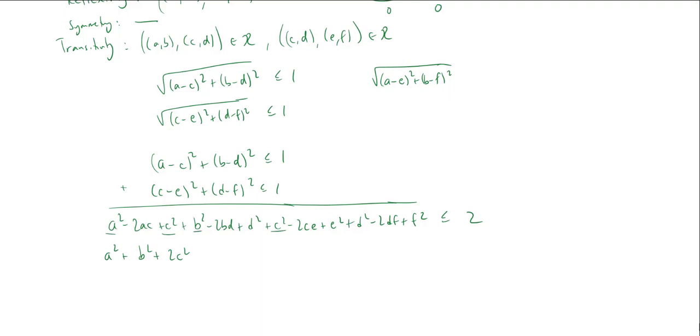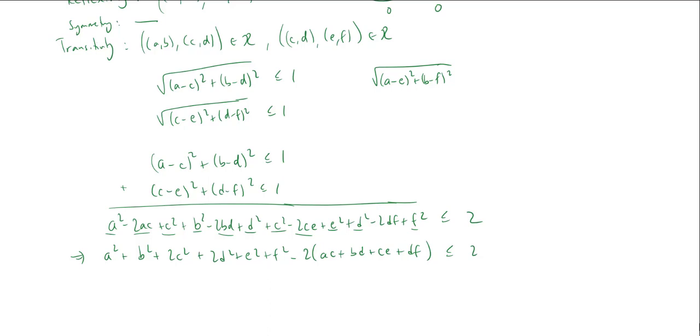So I have 2c², there's our b², we have 2d², fine. There's an e², and we just get the 1 f². And then we got a whole bunch of other stuff: minus 2 copies of ac and bd and ce and df. And this is all less than or equal to 2.